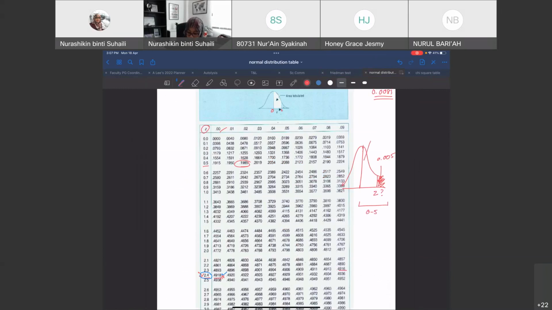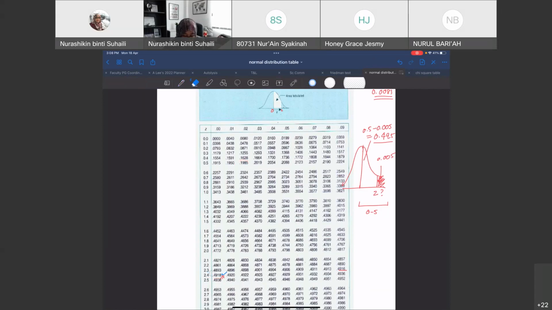So this one should be 0.5 minus 0.005, which is 0.495. Knowing this value, only then can we find the Z value, isn't it?